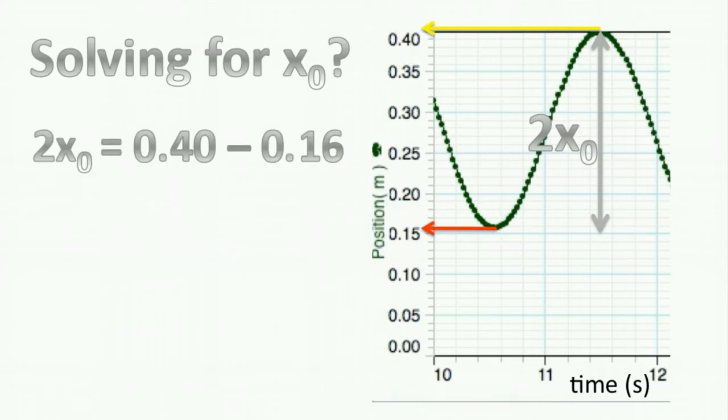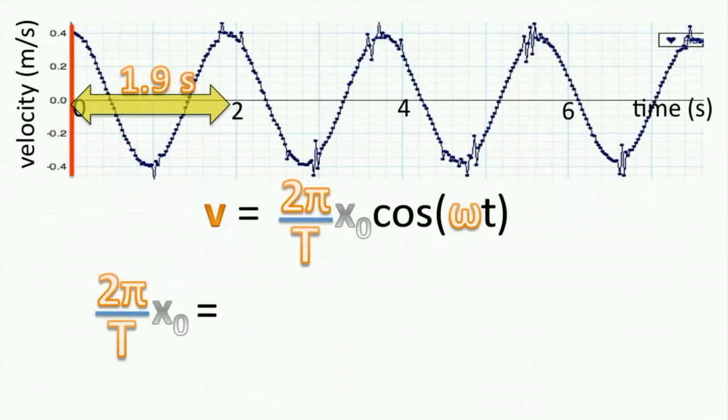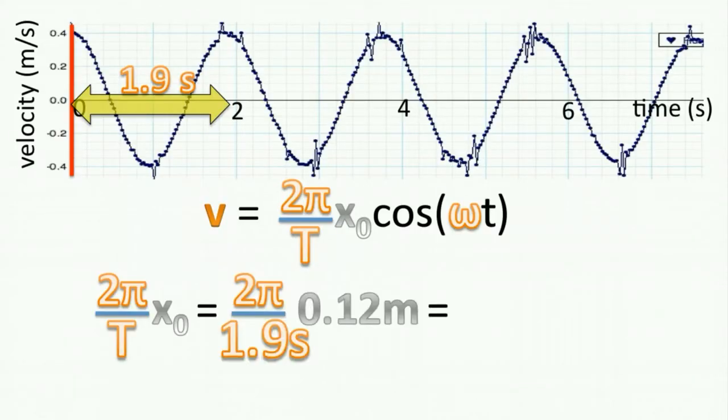Solving for double the amplitude by taking a difference of those two numbers and working through the math, it turns out the amplitude is around 12 centimeters or 0.12 meters. And so working through this expression, substituting the period of 1.9, substituting the amplitude of 0.12 meters, we end up with 0.397 meters per second.